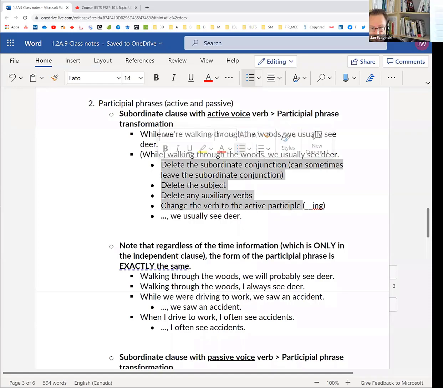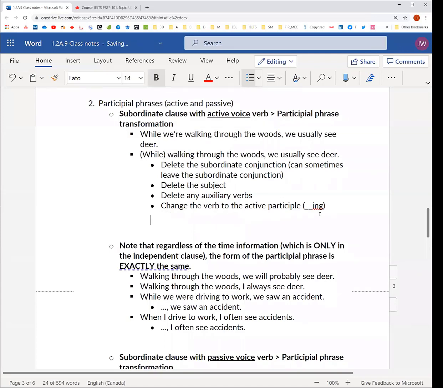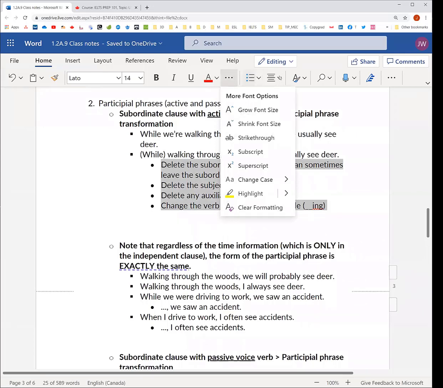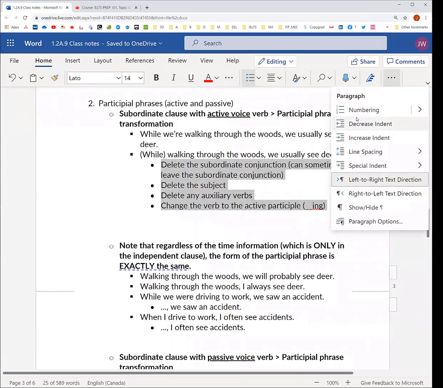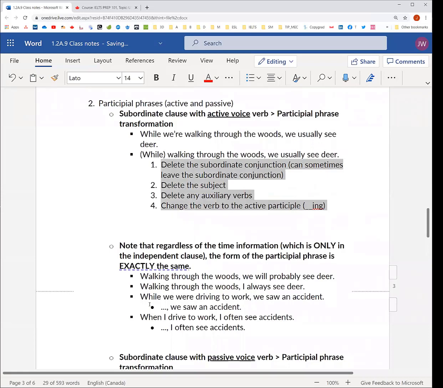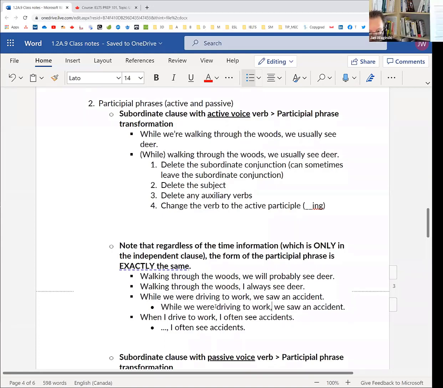So these are the 4 steps. So we remove the while. And the subject. So we're driving to work. While driving to work, yep. We saw an accident. Yes, and you can even take out while. Driving to work, we saw an accident. While driving to work, we saw an accident.